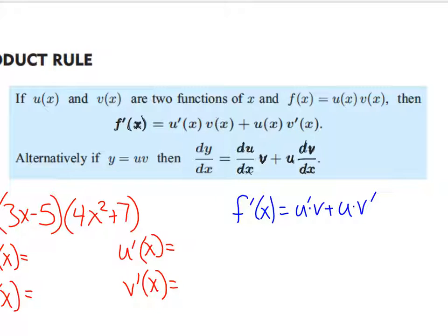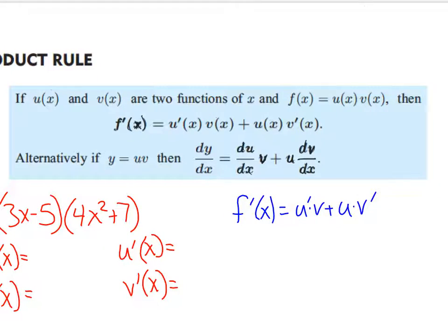Now, I like to shorten it a little bit because it rolls off the tongue and it's easier to remember. So I like to say f prime of x is u prime v plus u v prime. U prime times v plus u times v prime.